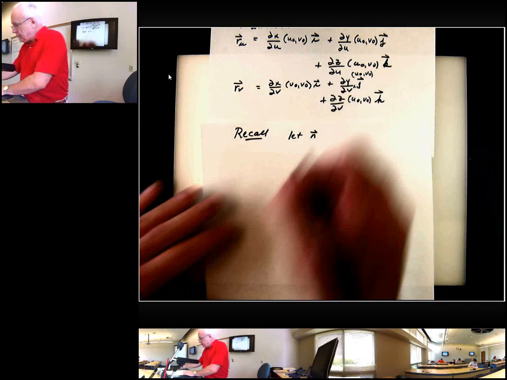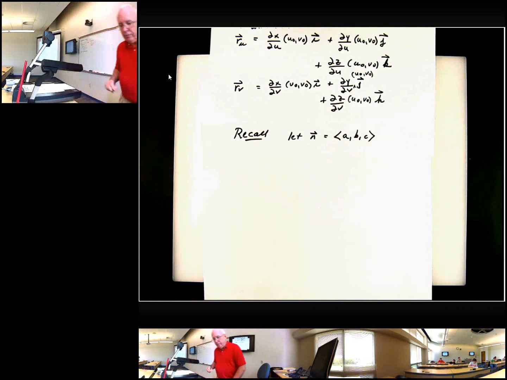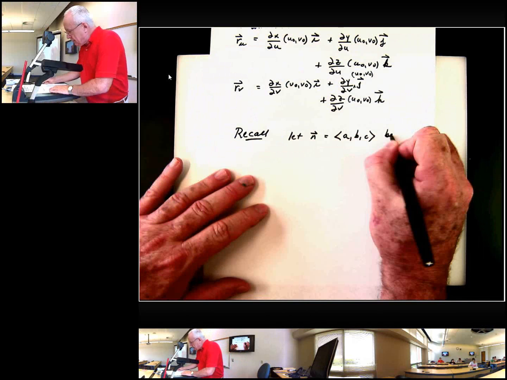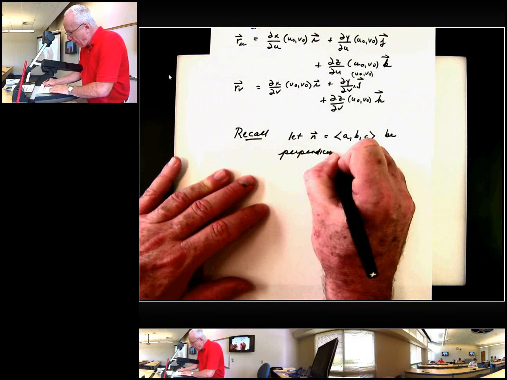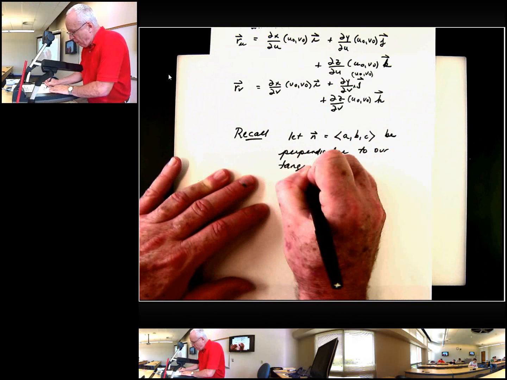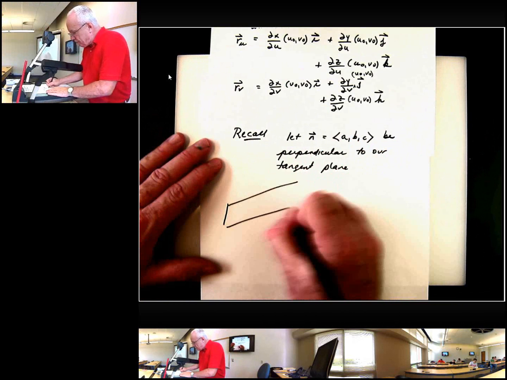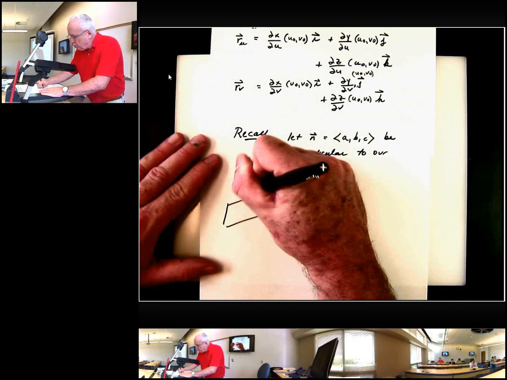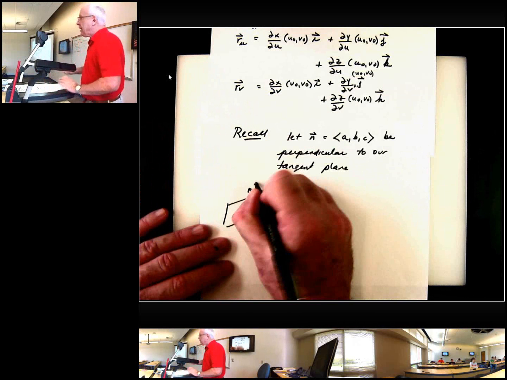It's a vector, and let's say it has components A, B, and C. Three components. And this is perpendicular to our tangent plane. So we've got some kind of tangent plane here, a flat cookie sheet, and coming out from it, perpendicular, is this vector that we're just calling n.